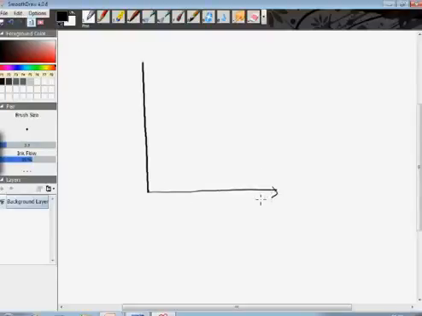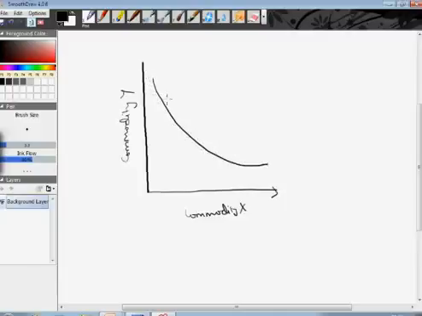On the x-axis we'll take commodity X, and on the y-axis we'll take commodity Y. After plotting all the points which we have studied in the indifference schedule, we'll get a curve like this. This is the IC curve. This is the indifference curve.